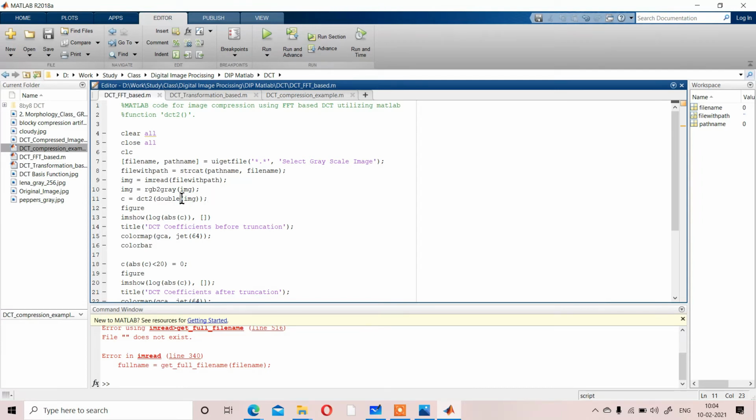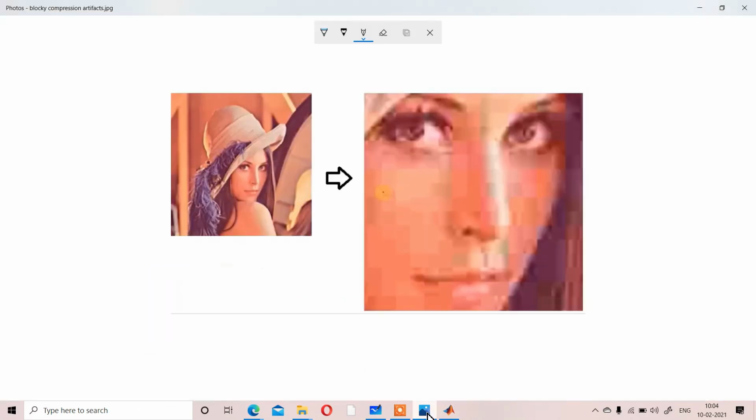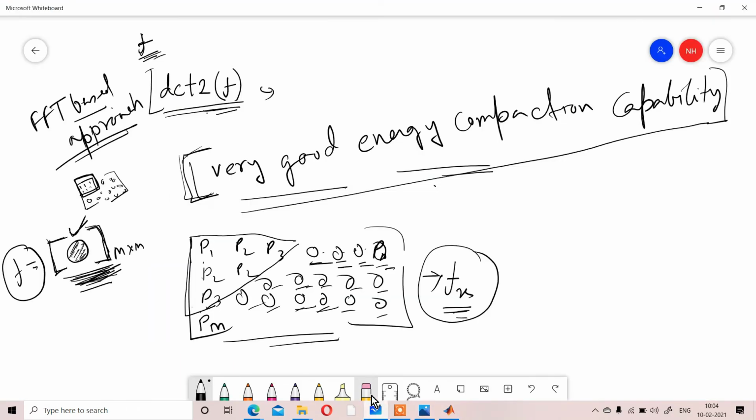Keep in mind we are considering double here. What is the reason for choosing double? Whenever I am considering a gray level image IMG, that image is shown in the format UINT8.